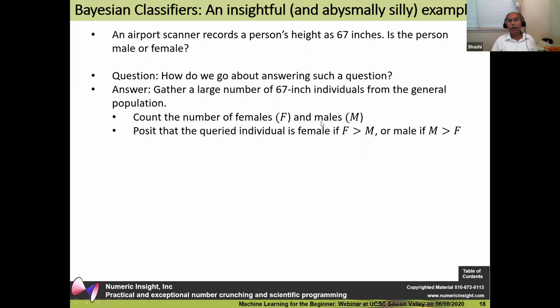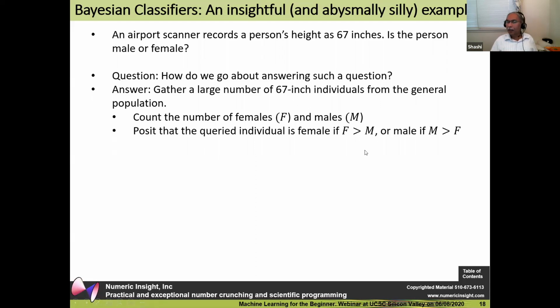I'm using the terms females and males in an entirely technical sense, so if you'll forgive me. Once you count the number of females and males, you just say that the person who just walked through is female if F is greater than M, or that person is male if M is greater than F. It seems so silly, but this is all you can do. This is the best you can do, really. If that is all the information you're given, this is the best you can do.